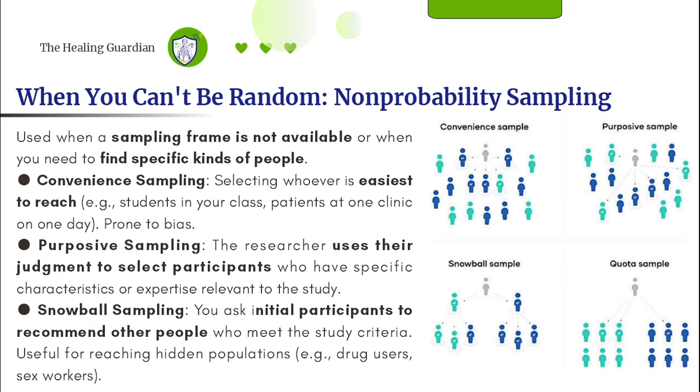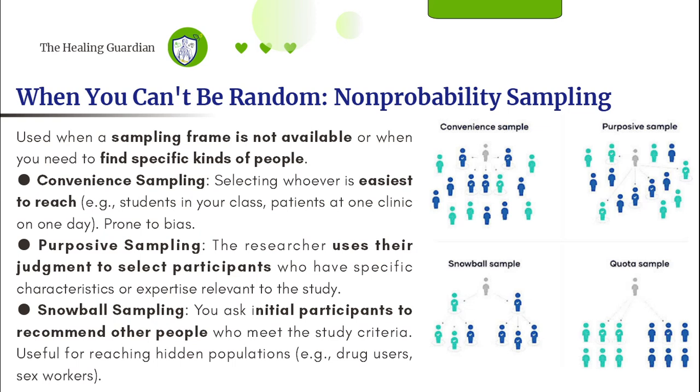You judge among the participants so that these ones fit, these ones have the specific characteristics I need. You say, I'm going to interview only traditional healers to understand their perspective on mental illness. You have used purposive sampling, because traditional healers are the ones I need.